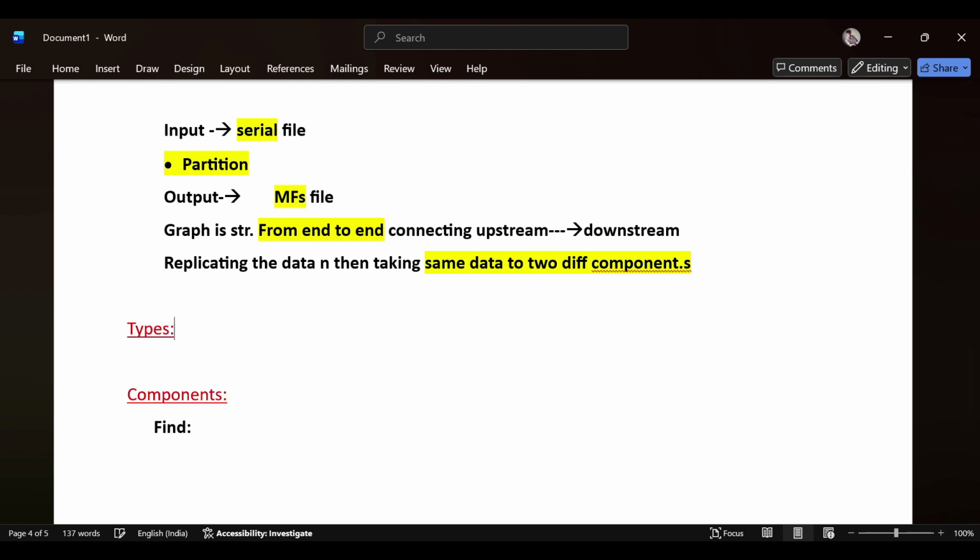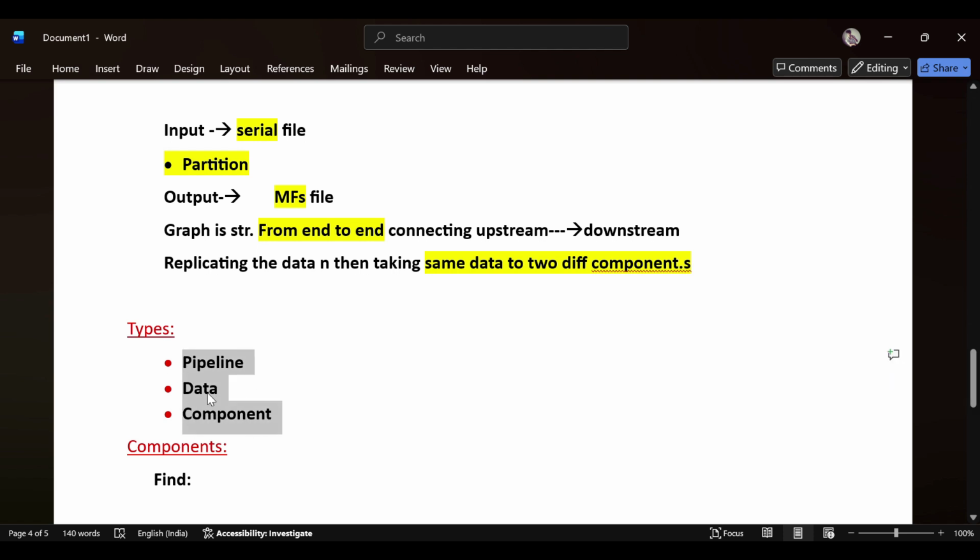I think you know about the types already. We have pipeline, data, and component. So we have three types of parallelism.